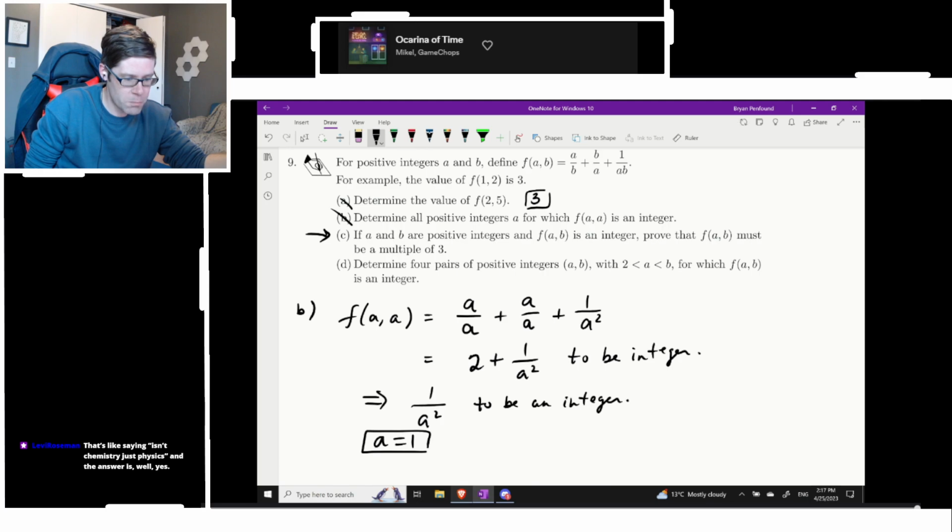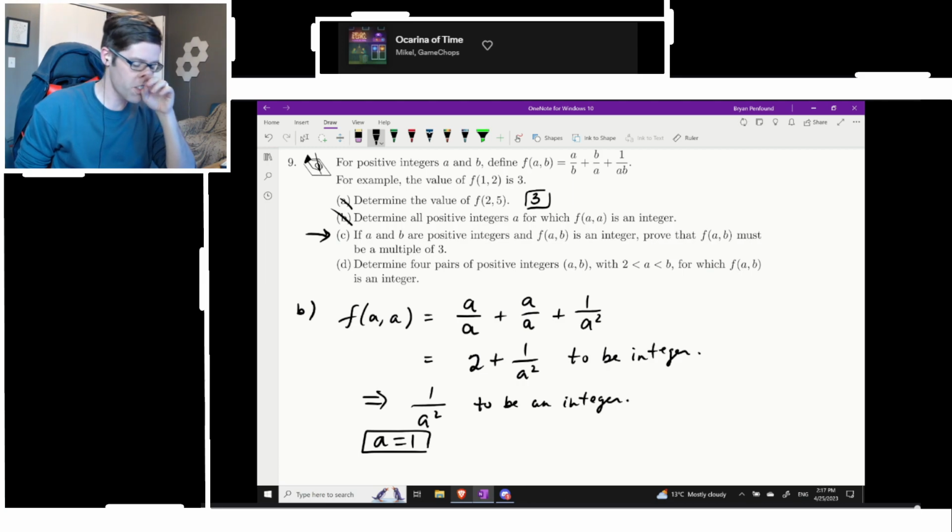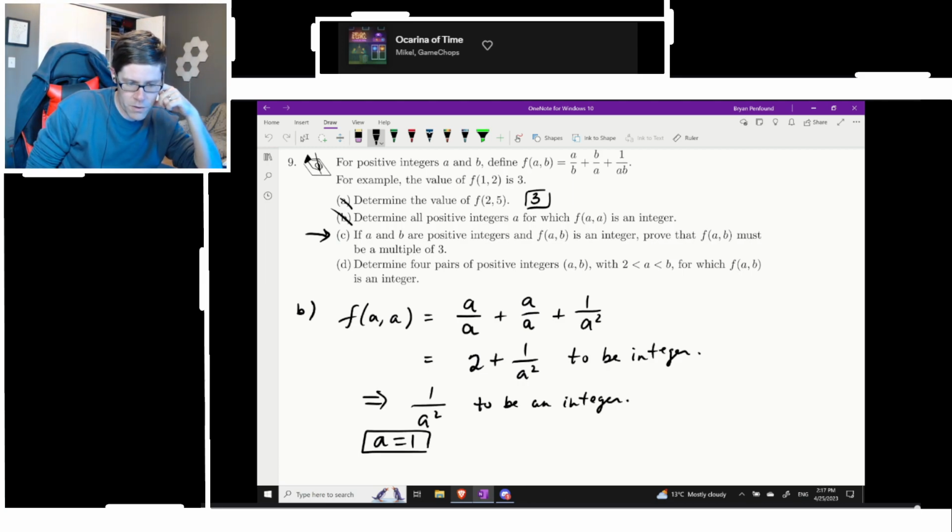If a and b are positive integers, and we know that f(a,b) is an integer, prove that it has to be a multiple of 3. That's kind of interesting to me. So if it comes out to be an integer solution, it has to be a multiple of 3. Cool.